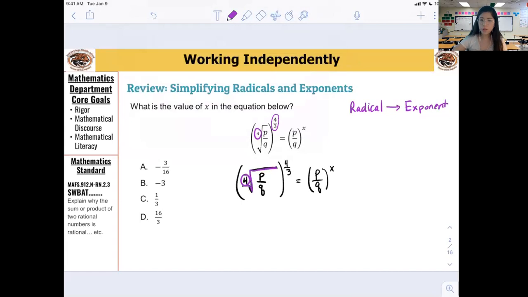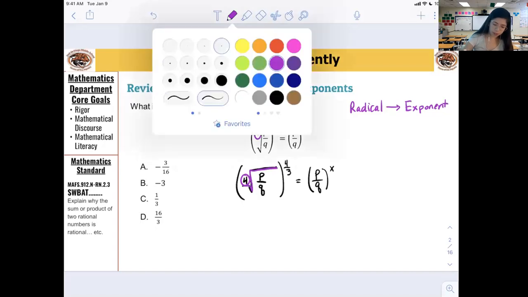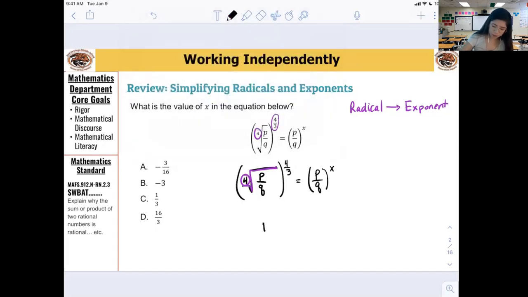In order to do that, what fraction exponent is it going to be? 4/1? Okay, let's see. So I have P over Q. And remember the rule. The number that's out on the balcony ends up where?